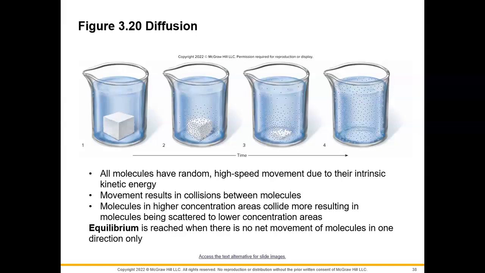Molecules in higher concentration areas collide more often, resulting in molecules being scattered towards lower concentration areas. The movement of these substances occurs until they're all about evenly dispersed with even elbow room between each, until we reach equilibrium. Now, diffusion can occur through just a space, like through this beaker, but it can also occur through a cell membrane.